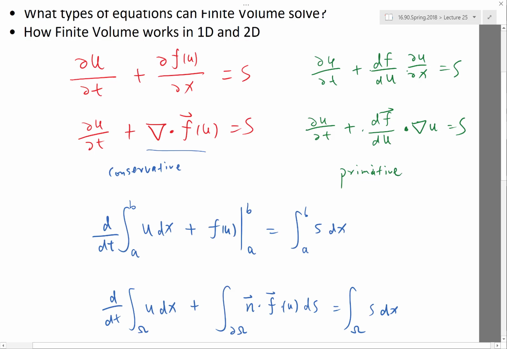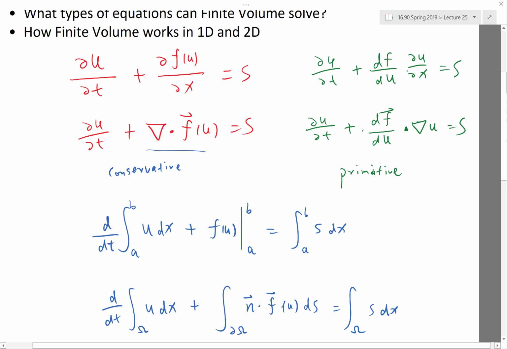The application of this is going to be basically exact, except that in finite volume, you store not the value of the solution at any particular location, but the integral of the solution or the average of the solution over these volumes. In finite difference, you store the solution at the grid points. In finite volume, you forget about the grid points. You store these volume averages or volume integrals.